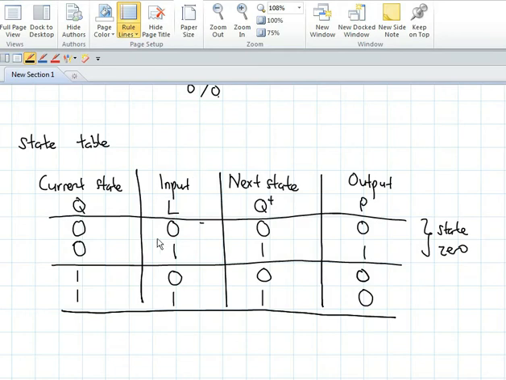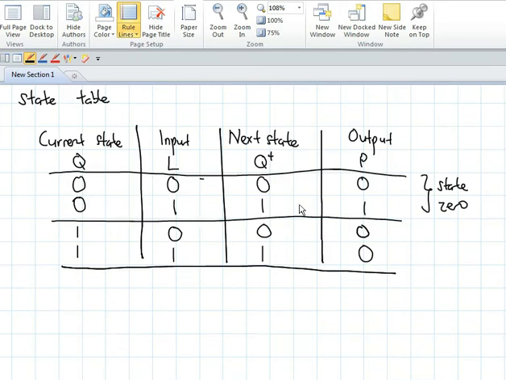Now from the state table, you are going to derive the next state equation and your output equation. This is pretty straightforward, I don't think you need the K-map.